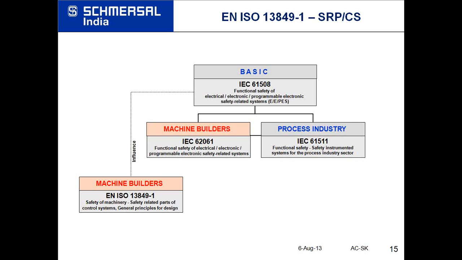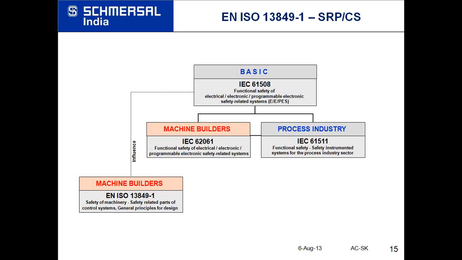In machines, the risks involved are limited, but in the process, the risks involved are manifold. To give you an example, in a machine, there can be at the max, say, 8 or 10 operators operating at the same time. But if something goes wrong with the process, hundreds or lakhs or crores of people can be affected.